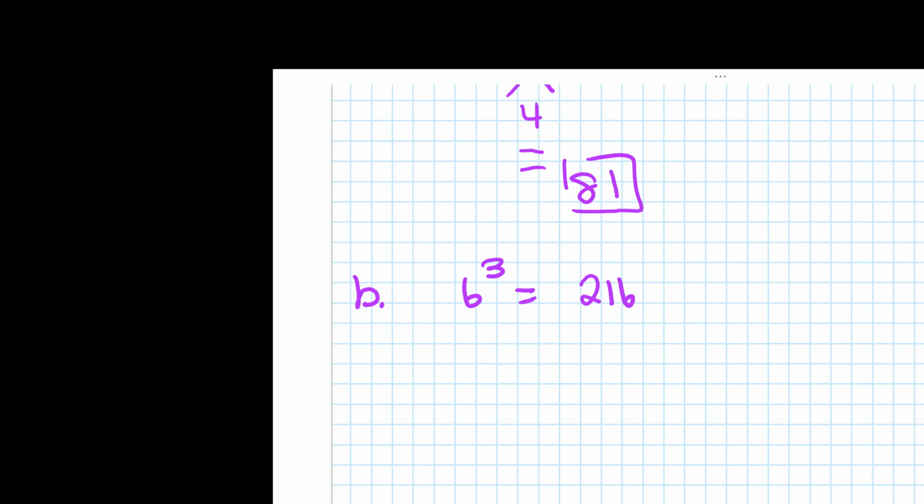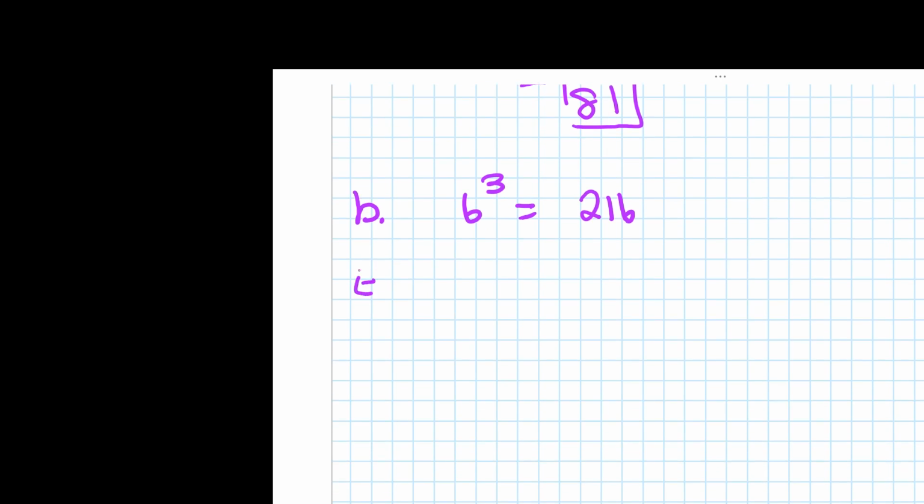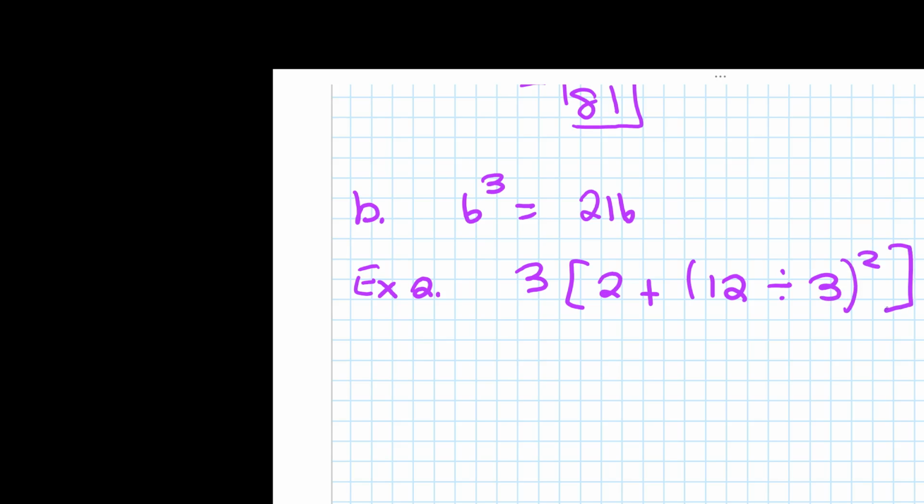Example 2. 3 times the quantity, 2 plus the quantity of 12 divided by 3, quantity squared, and then we're going to end our brackets. So here we go.